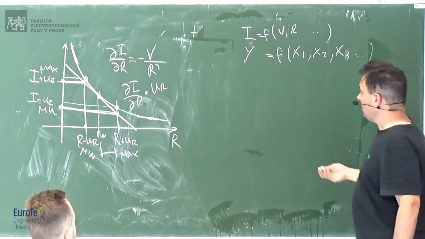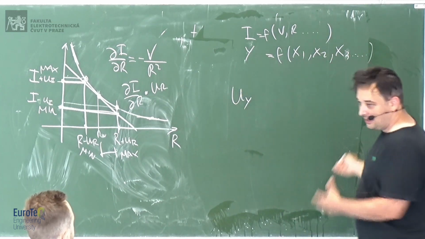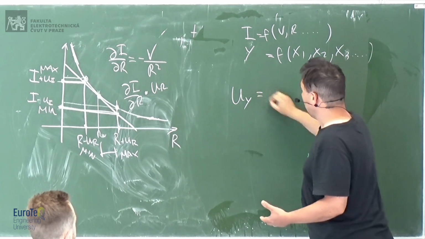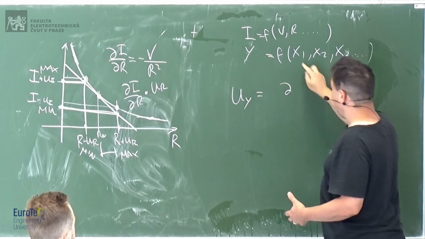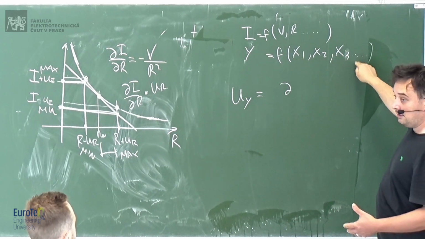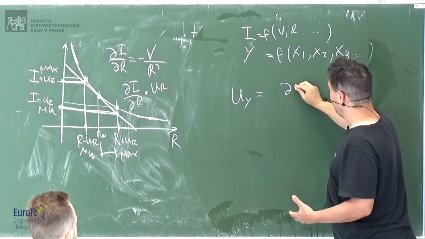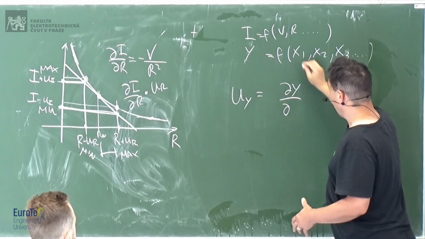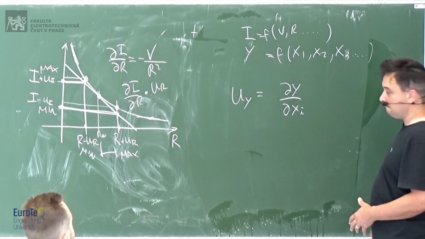Then, the uncertainty of Y, of the final physical quantity that you want to measure, will be what? You have to take the derivative of each and every variable giving a contribution to the uncertainty, so the derivative of Y with respect to each of these variables, okay?